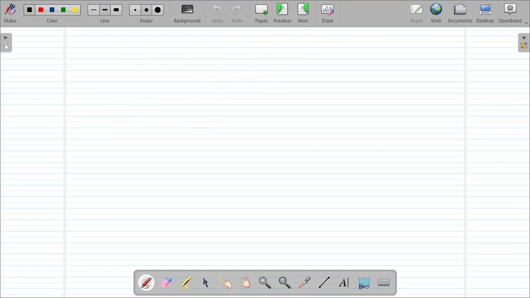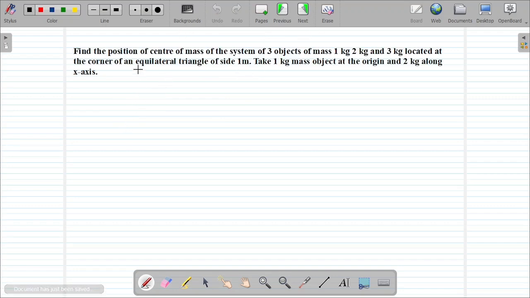See the first question. Find the position of center of mass of the system of three objects of mass 1 kg, 2 kg and 3 kg located at the corners of an equilateral triangle.